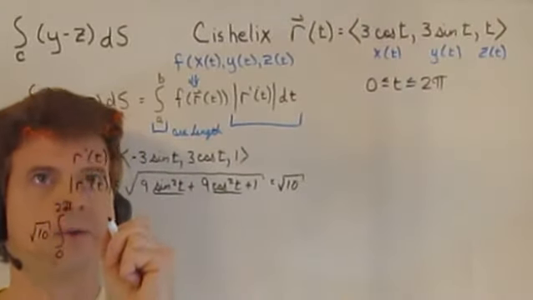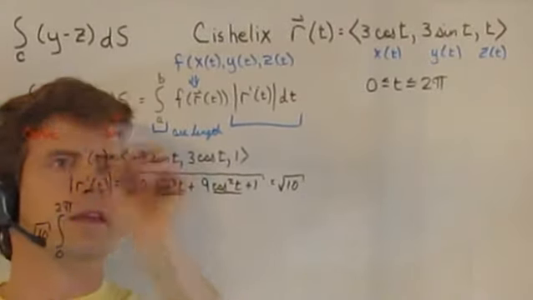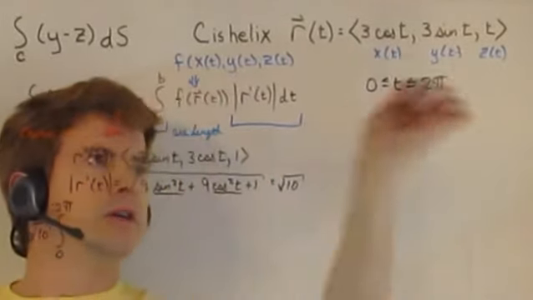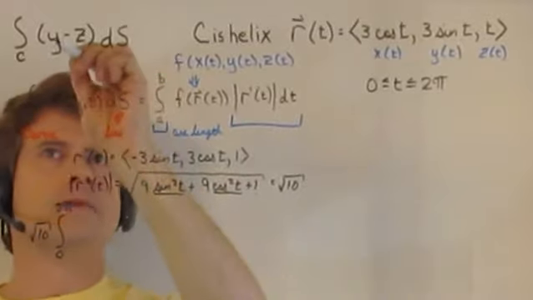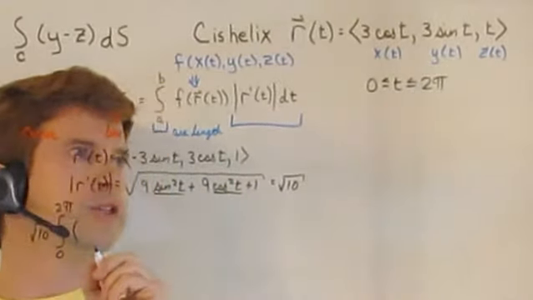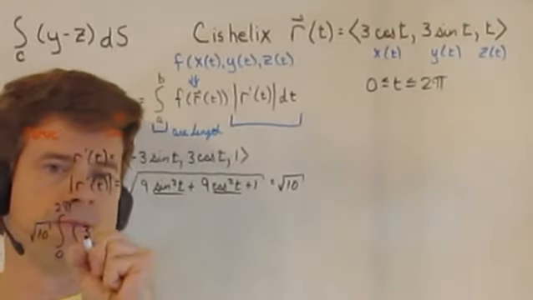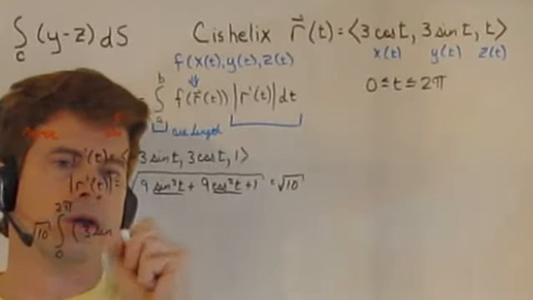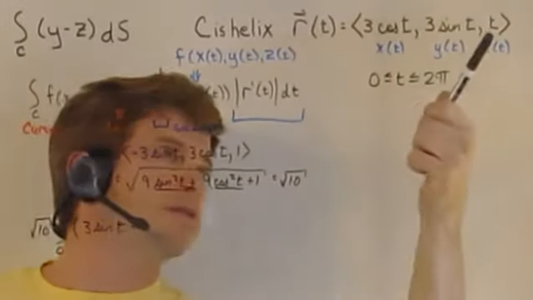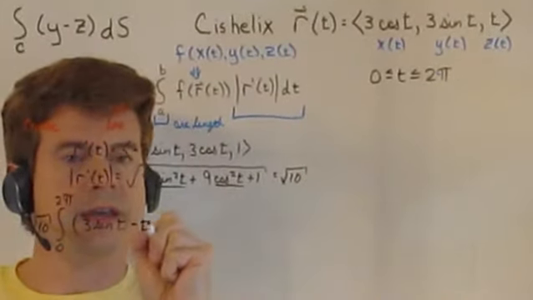Okay, now what we do at this point is we're evaluating the function using our values over here. So for the y, we use our y over here, which is 3 sine t. And then it's going to be minus the z value, which is just t.